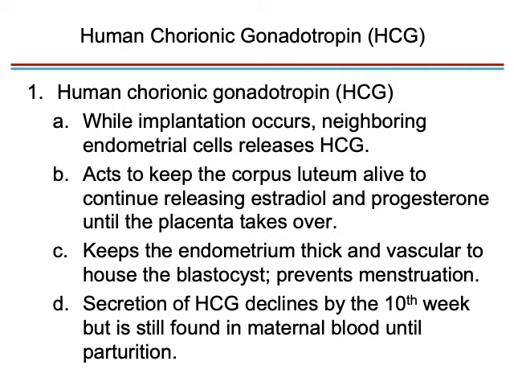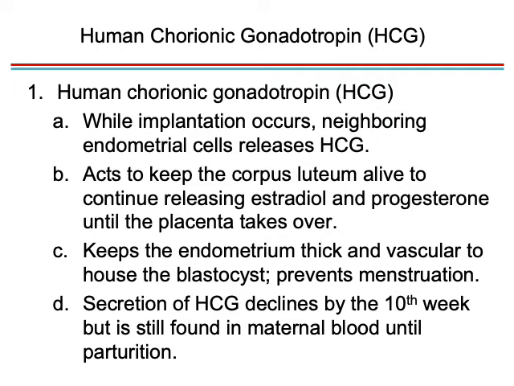HCG has a couple of interesting functions. The first and primary function is it goes back to the ovary and keeps the corpus luteum alive, prevents it from degenerating, to allow the corpus luteum to continue to produce estrogen and that pregnancy hormone, progesterone.